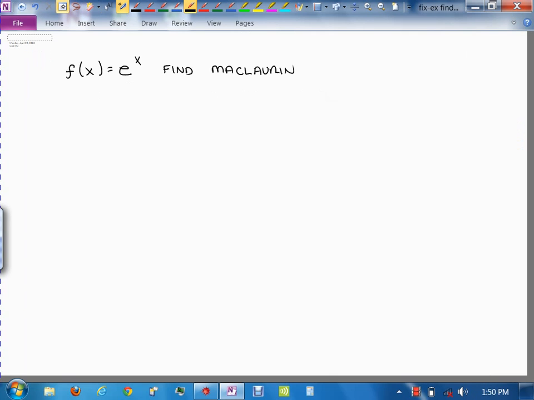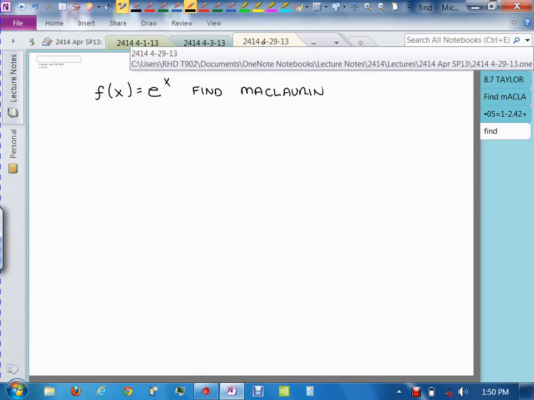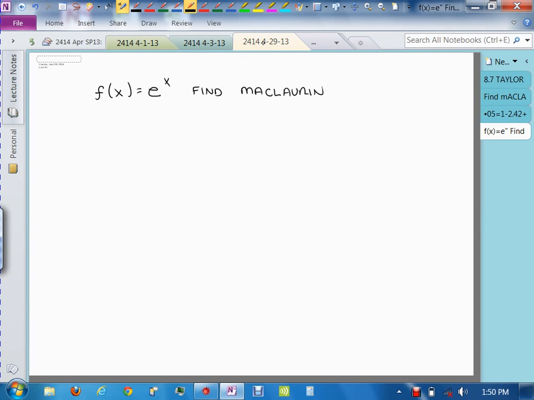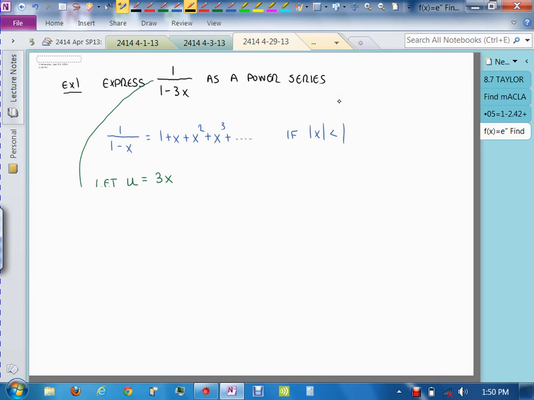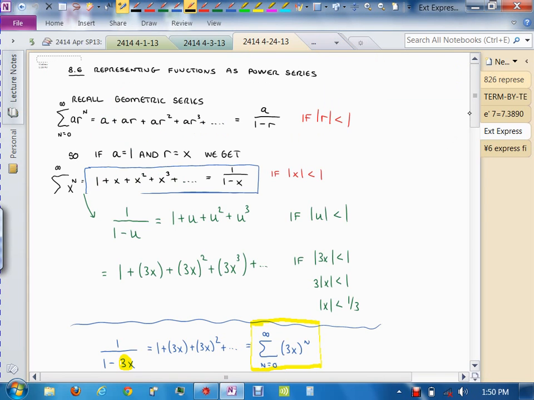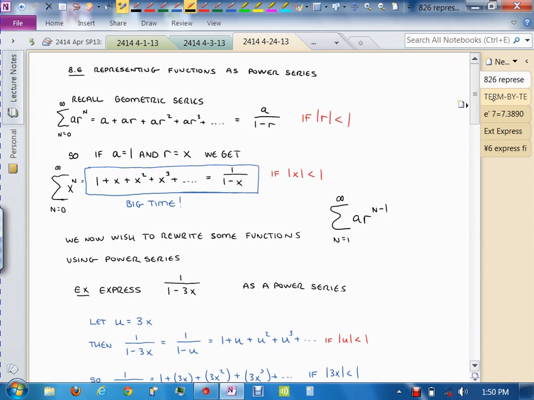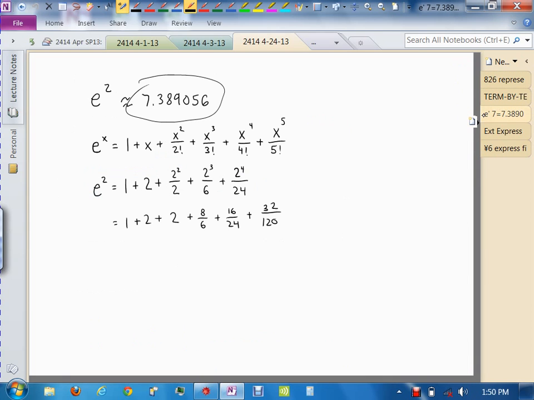Now I gave you the power series for e to the x at the beginning of last class, right? If you go to last class, which was a long time ago, here it was. Remember that? That was the first thing I did in class last time.